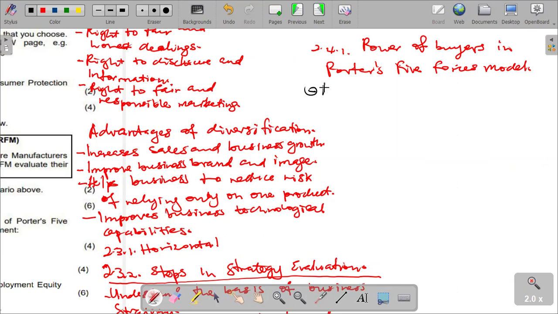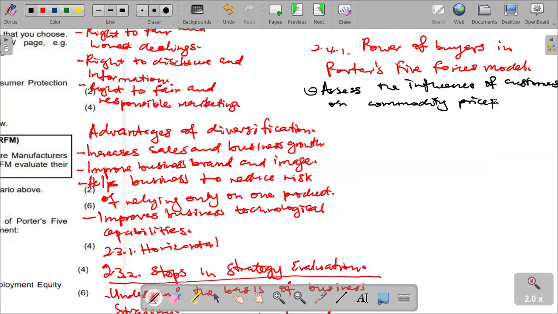Assess the influence of customers on commodity prices, in terms of influencing the price of products down.